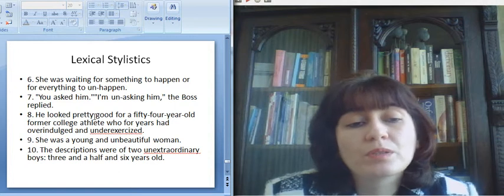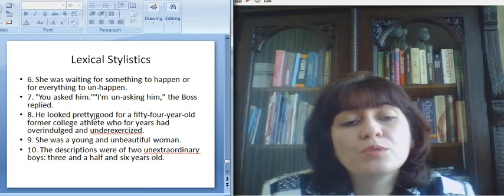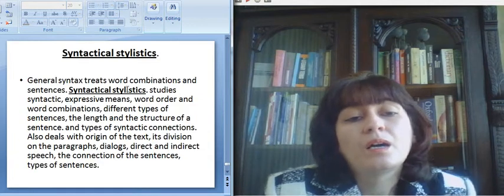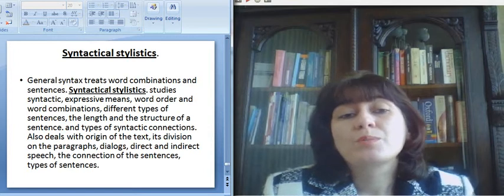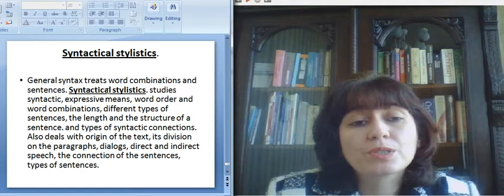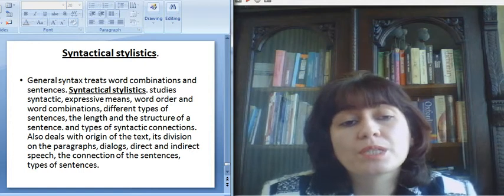"You asked him." "I am unasking him," the boss replied. "He looked pretty good for a 44-year-old former college athlete who for years had overindulged and underexercised." "She was a young and unbeautiful woman." "The descriptions were of two unextraordinary boys, 3.5 and 6 years old."